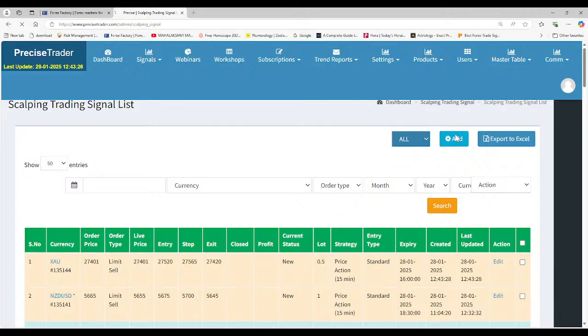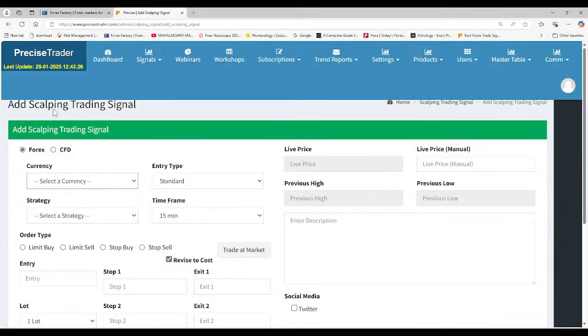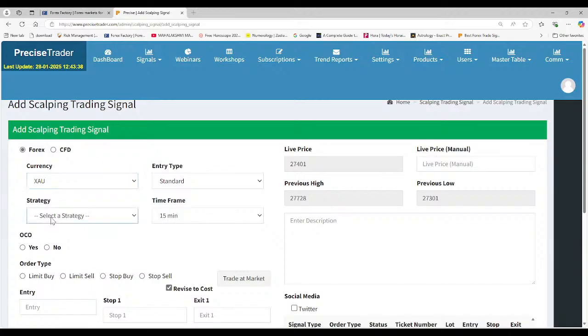Then what we can do is we can go for a cautious buy.